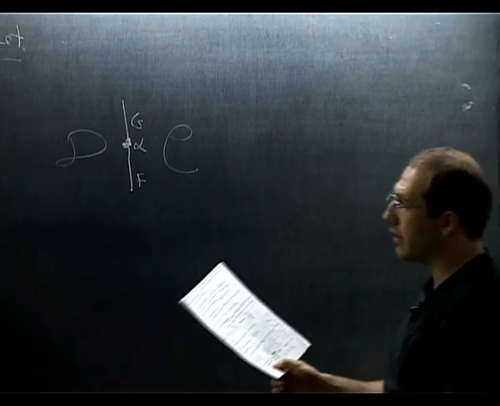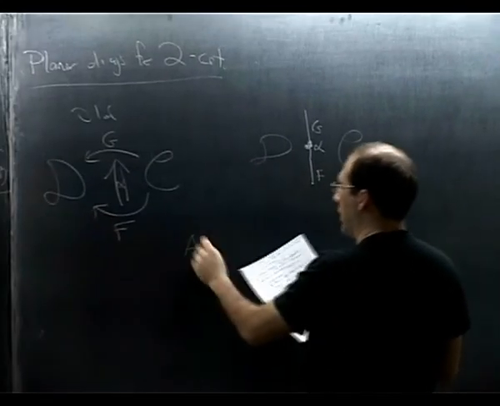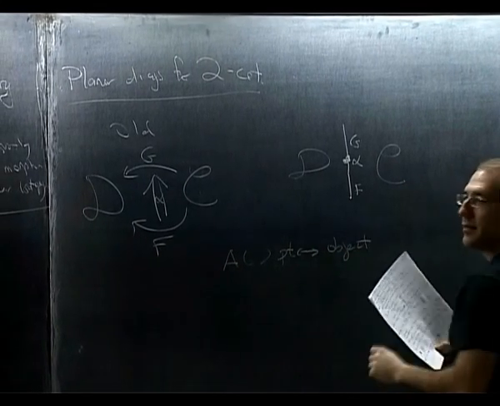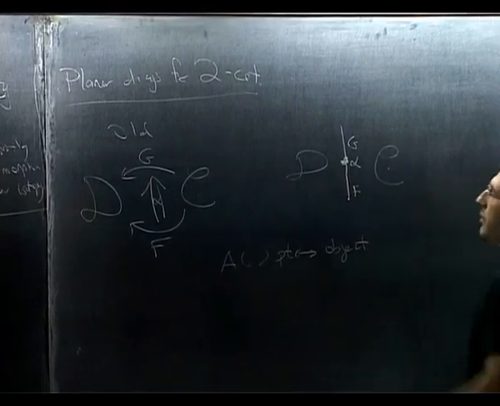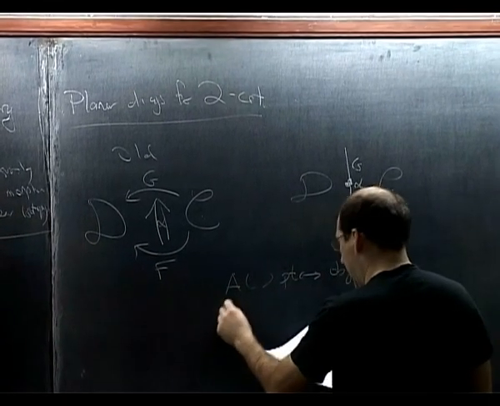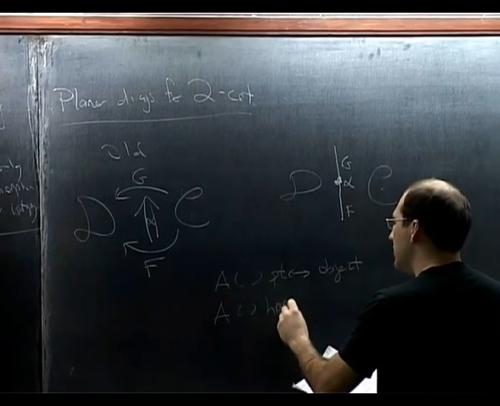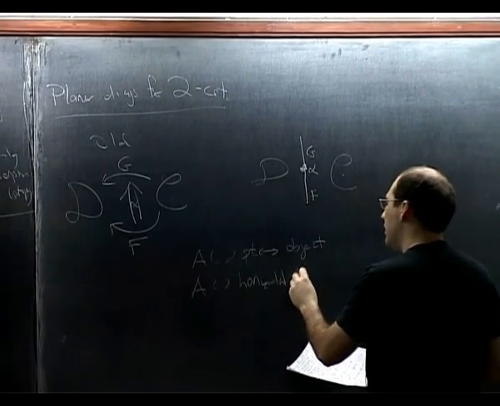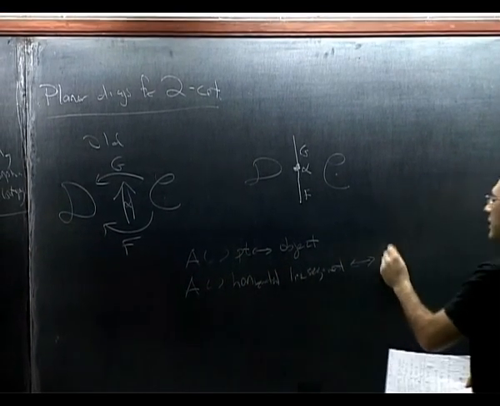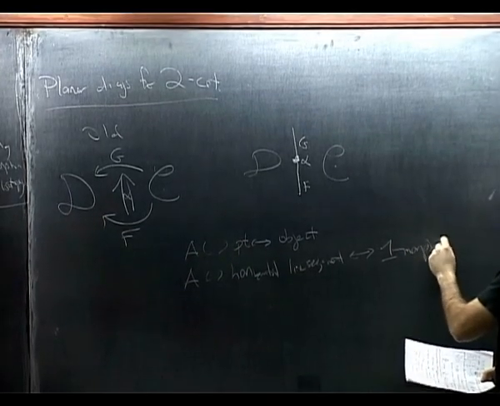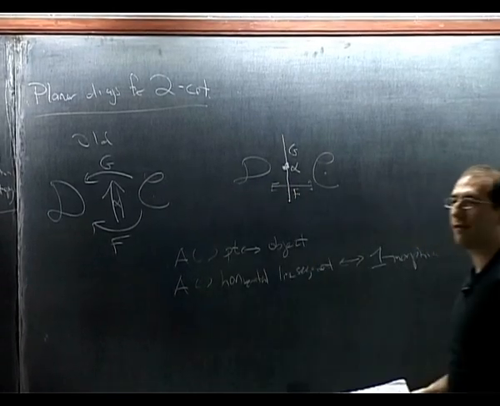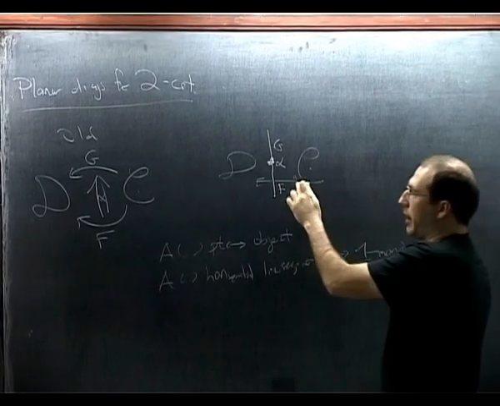So again, what's the convention? A generic point is now an object. If I just choose an arbitrary point, there it is. That's C. A generic horizontal line segment is a one morphism. So if I chose this horizontal line segment right there, that's the one morphism F from the right endpoint to the left endpoint.